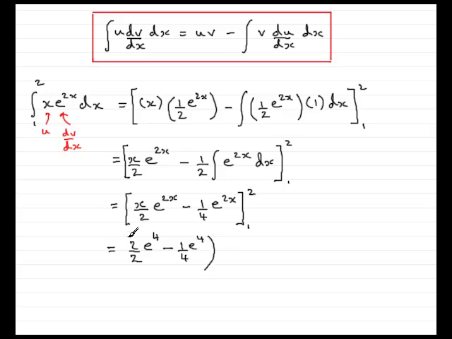I'll put that in brackets, and then minus, and we put the 1 through. So we have 1 over 2, a half, and then e to the power 2, okay, and then minus a quarter, and e to the 2 times 1, that's e to the power 2.